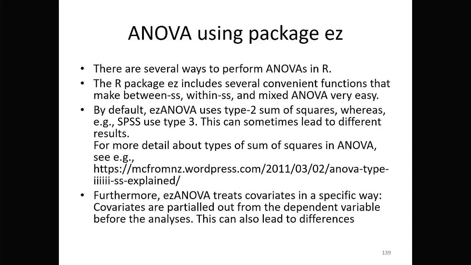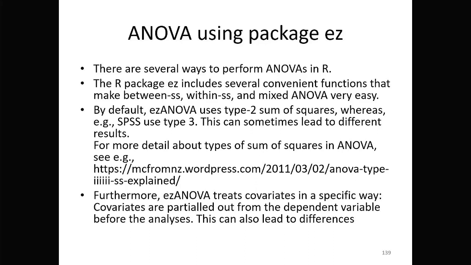Another thing that you may or may not like in Easy ANOVA is the treatment of covariates. When you do ANCOVA, the typical approach in SPSS, for example, is to treat covariates as just continuous predictors in a regression.